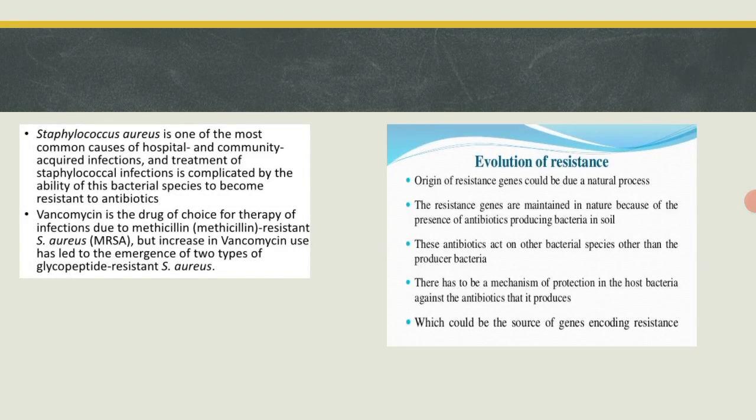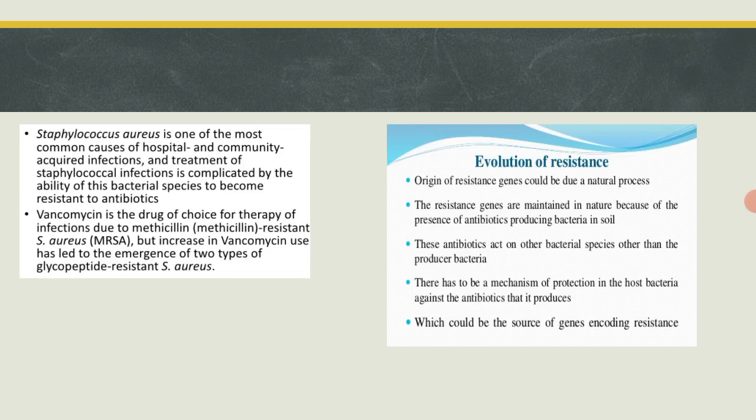If the mutant gene gets transferred to the previously non-resistant strain, then that strain will also be able to develop resistance against antibiotic X. So this is called acquired resistance, because it was acquired from somewhere outside. It was not present earlier in the original bacteria or pathogen. This type of resistance we call acquired resistance.